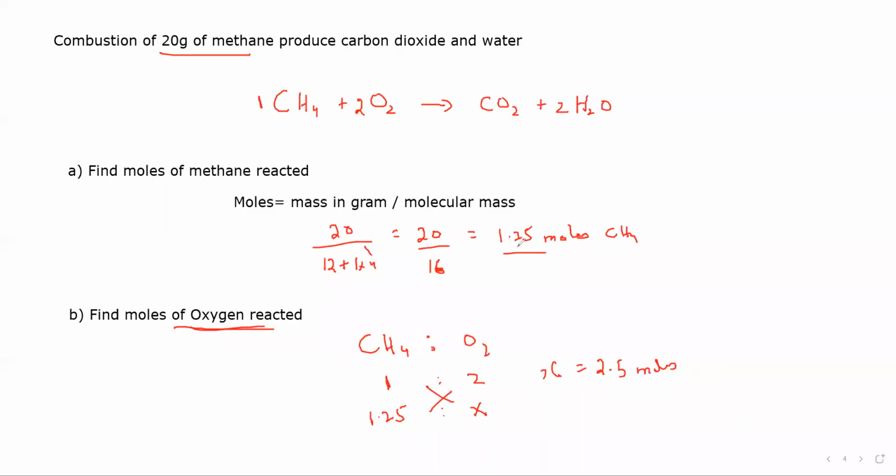Because you already have methane in the question, you have 1.25 methane. Methane and oxygen, the ratio is 1:2. So if 1.25 methane is there, according to the equation, 1 mole of methane reacts with 2 moles of oxygen. If 1.25 moles of methane, X moles of oxygen will be there. Cross multiply, you will get the moles of oxygen.